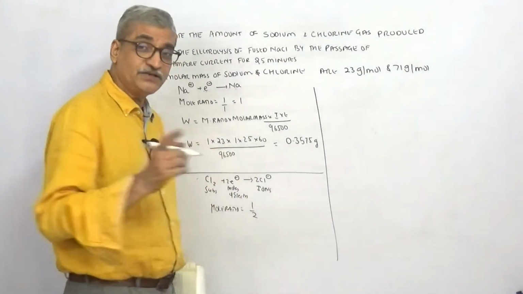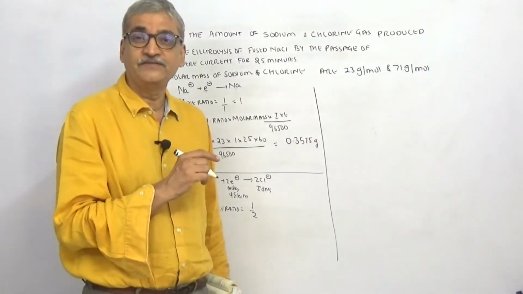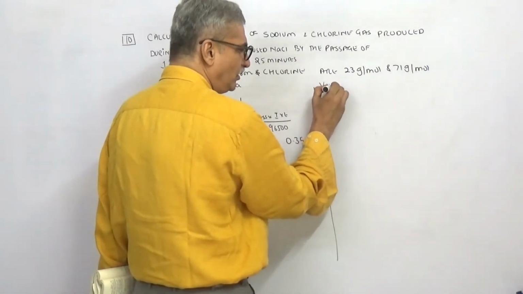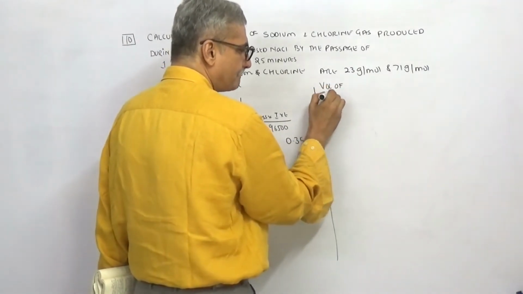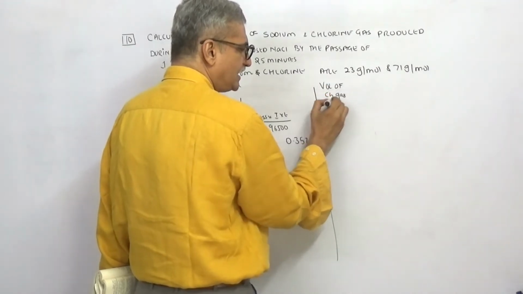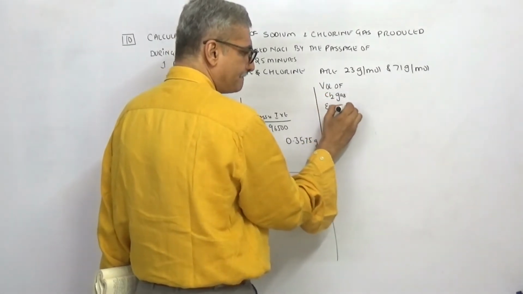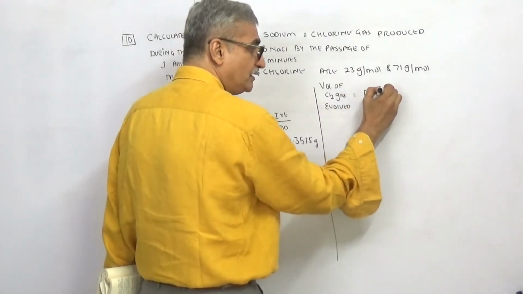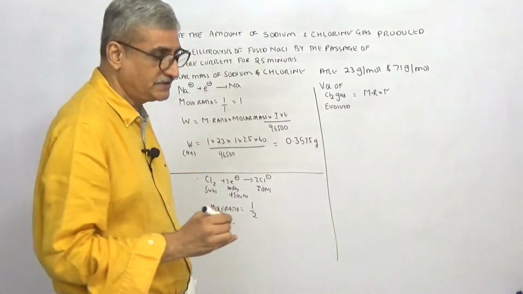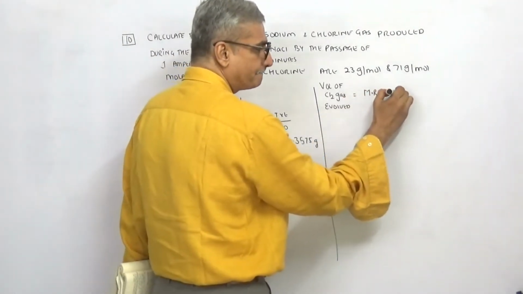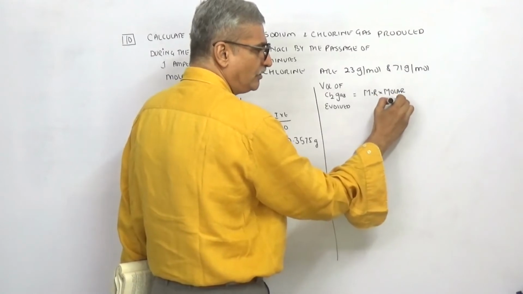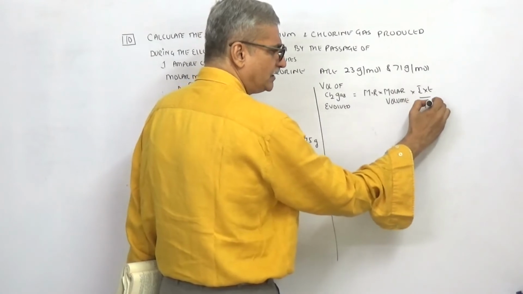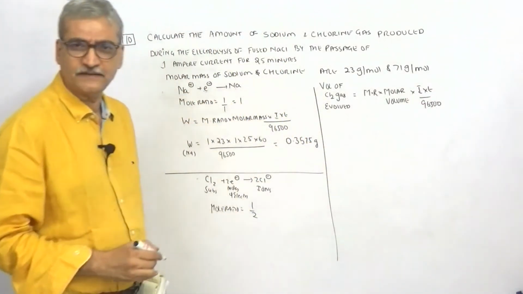Okay. Now we'll change the question to our convenience. We'll say what is the volume of chlorine evolved. Only one change you have to do. Volume of chlorine gas evolved will be, the story will remain the same, mole ratio, but here instead of molar mass, you have the molar volume into I into T upon 96,500.